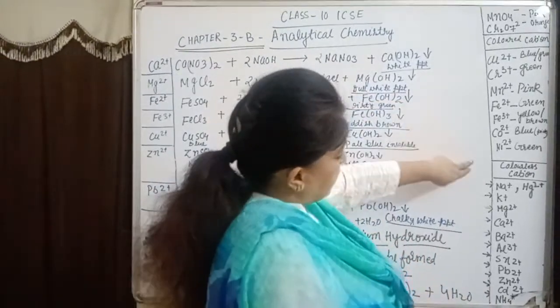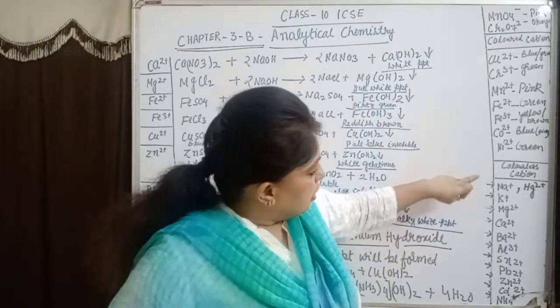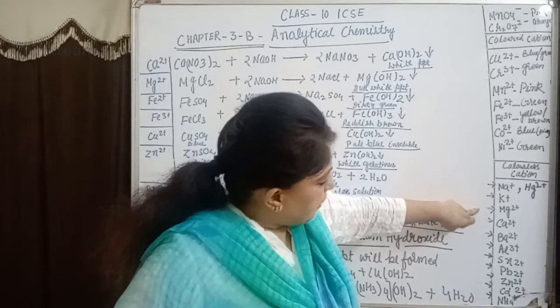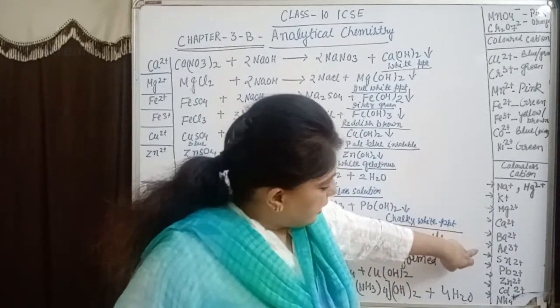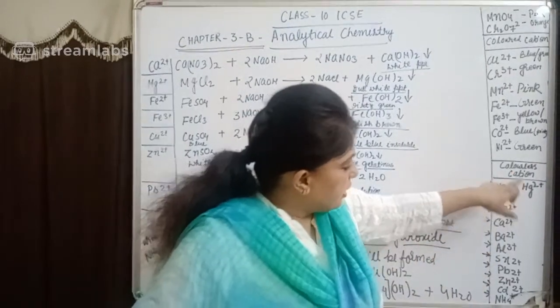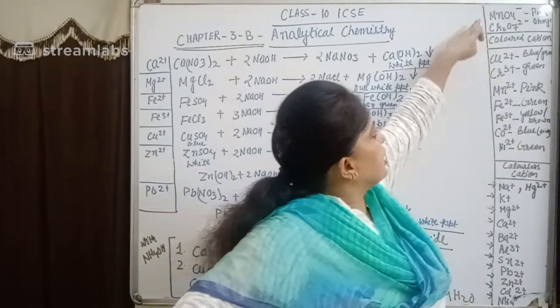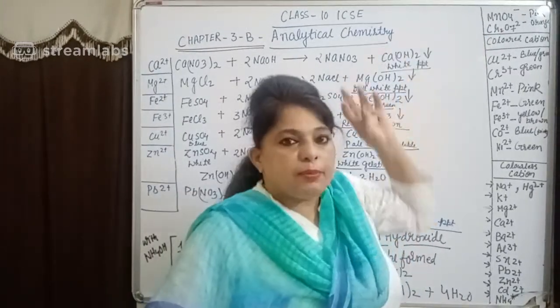Now, once again I am repeating, we should know the few colorless cations: sodium, mercury, potassium, magnesium, calcium, barium, aluminium, then tin, lead, zinc, cadmium, ammonium ion, these all come under the category of colorless cation. And I was talking about permanganate ion, that is actually pink or purple in color.